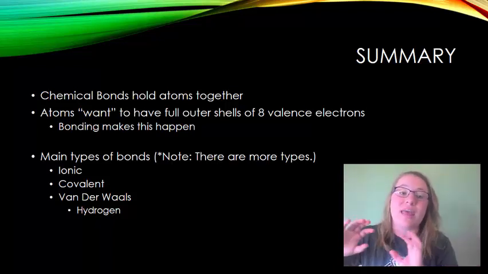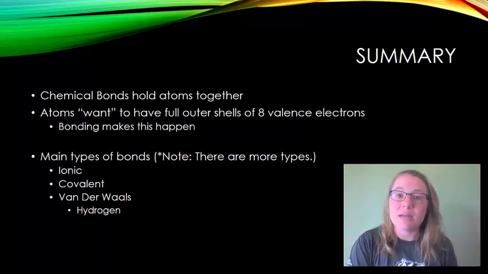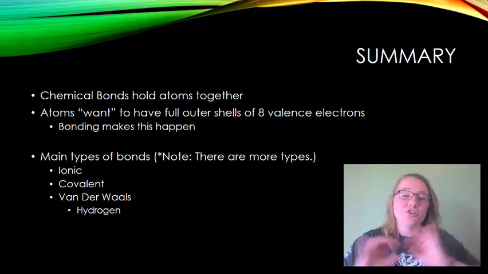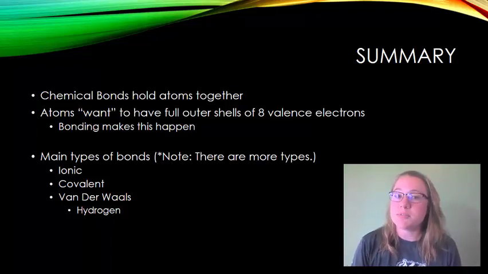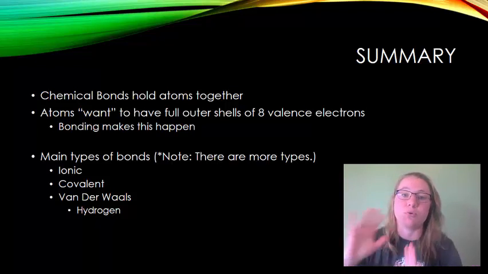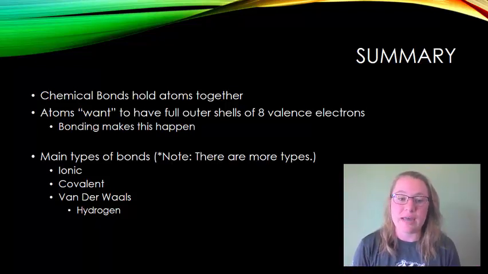And the only way for that atom to have those 8 valence electrons is to do bonding, so to interact with other atoms. Now there are a few main types of bonding that we focus on in this course. Just a brief note that there are more types of bonding, and if you take chemistry, they will go into that much more in depth.